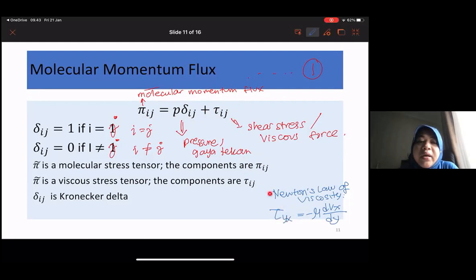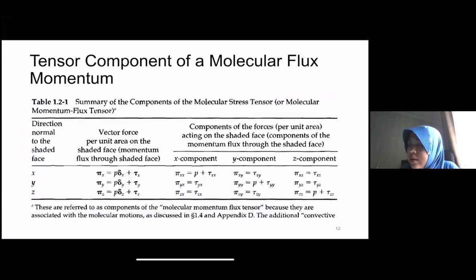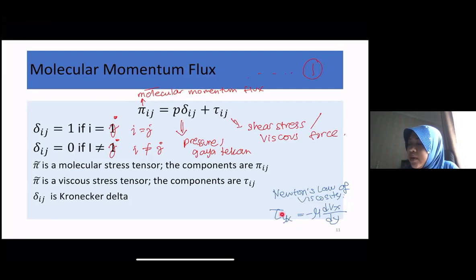If we consider all of x, y, z, this is just one component of all of them. So there would be tau xx, maybe tau yx, but this is just one contribution to this one. Okay, so this actually correlates to the next slides.